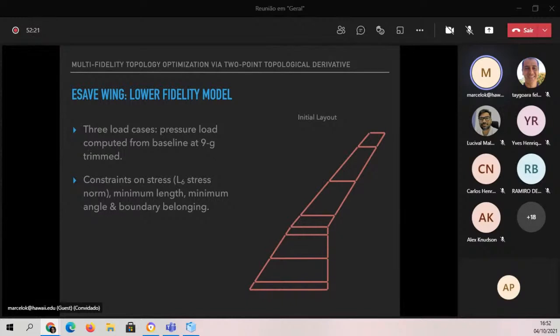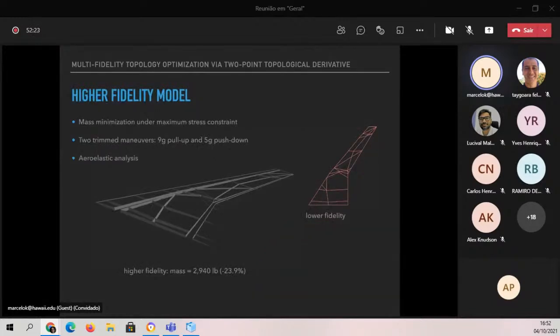And then here are the optimized lower fidelity on the right, and then the optimized higher fidelity on the wing, now with the same model that we used for the original wing that we started the presentation with. So this is still a preliminary result.